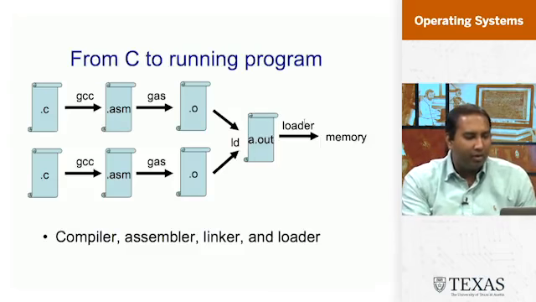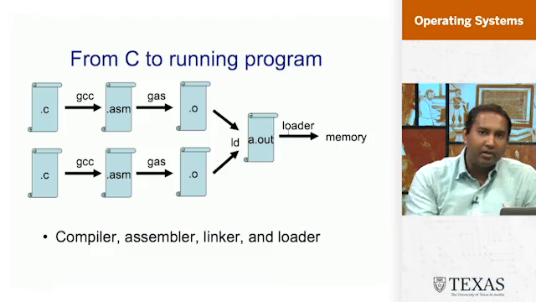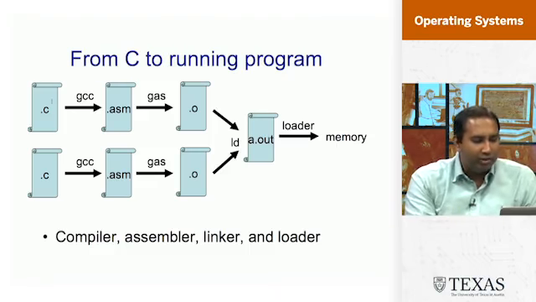So one other thing I want to show is the pipeline as to how an application gets built. So initially you write your C files, and then your C files are going to be compiled by your GCC compiler into assembly code. Your assembly code is just then taken by the GCC assembler, and then that generates your .o files.